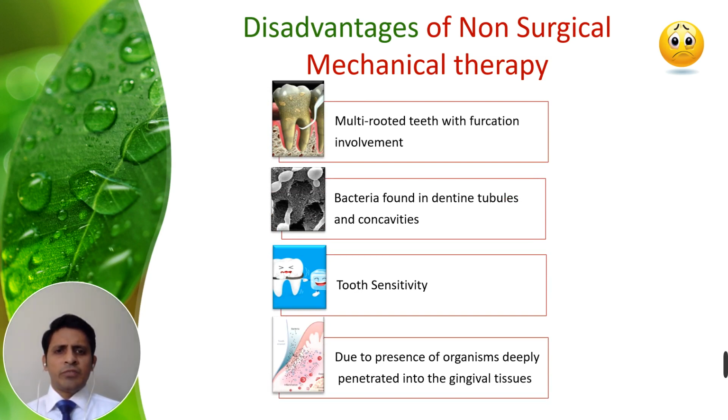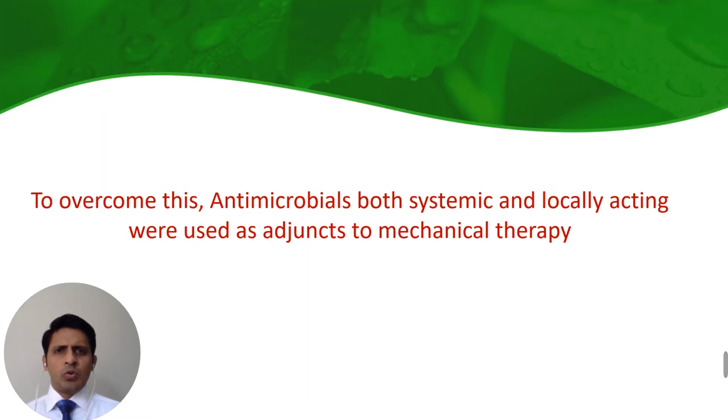There are bacteria found in dentinal tubules and root concavities which are difficult to clean. Patients may encounter tooth sensitivity during non-surgical mechanical therapy, and also due to the presence of organisms deeply penetrated into the gingival tissues. So, to overcome this, antimicrobials, both systemic and locally acting, were used as adjunct to mechanical therapy.